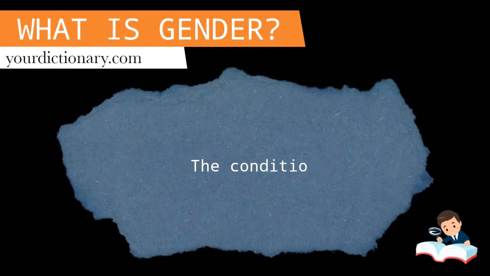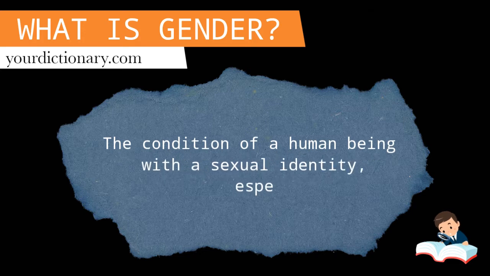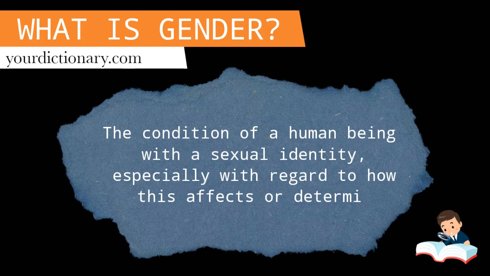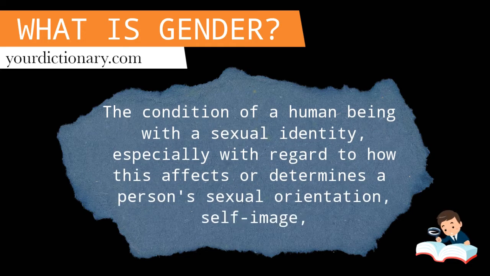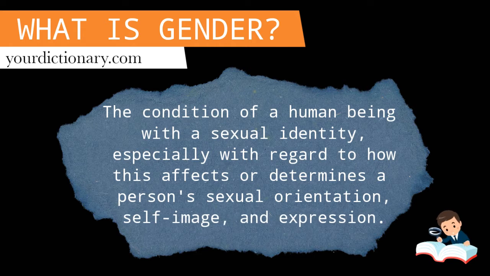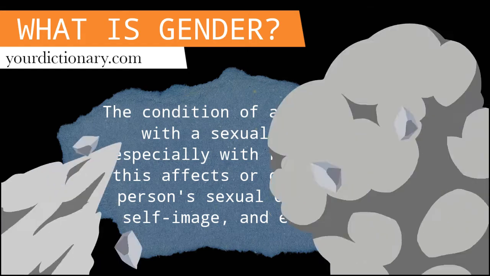According to yourdictionary.com, gender is the condition of a human being with a sexual identity, especially with regard to how this affects or determines a person's sexual orientation, self-image, and expression.